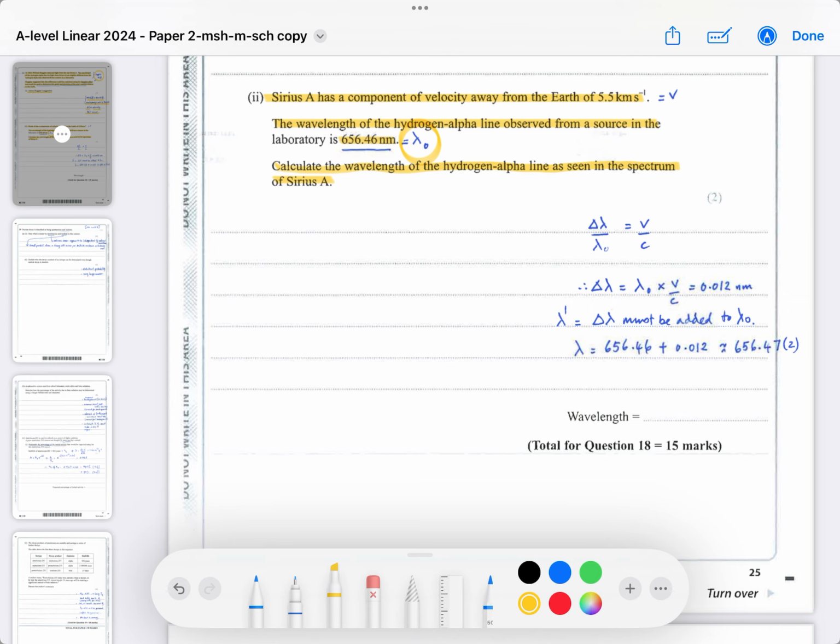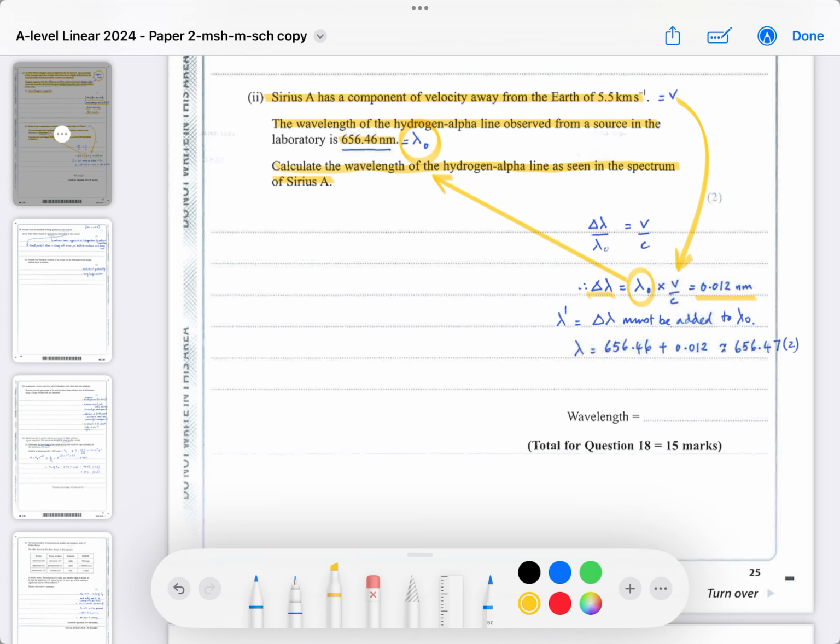So the delta lambda you can work out from this, which will be equal to lambda naught times V over C. Lambda naught we've been given here, we know V, and of course C is known. So we can work out the shift.